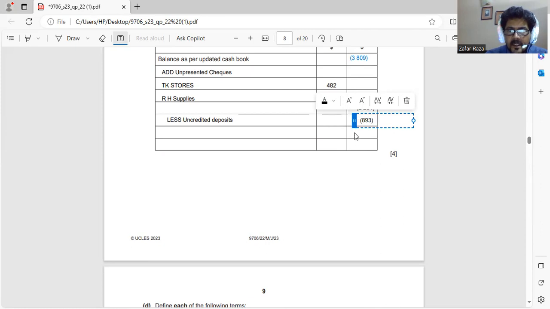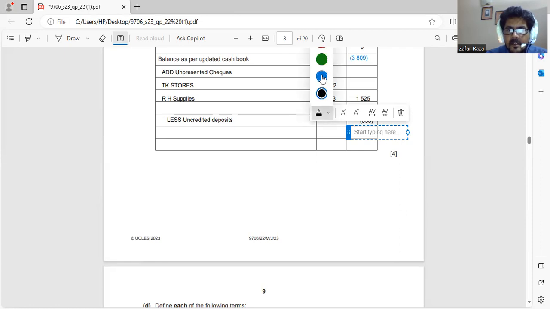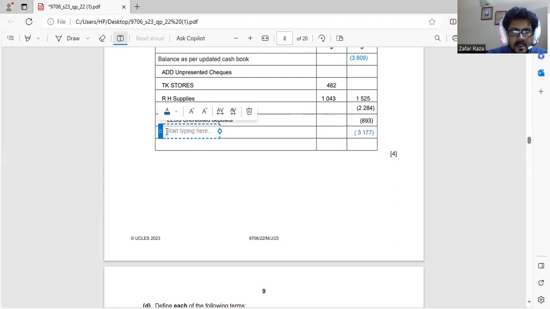So that would make our item how much? Minus 893, 3,177. Sorry, it's in overdraft again. 3,177. Okay. Overdraft as per bank statement. Okay, done.